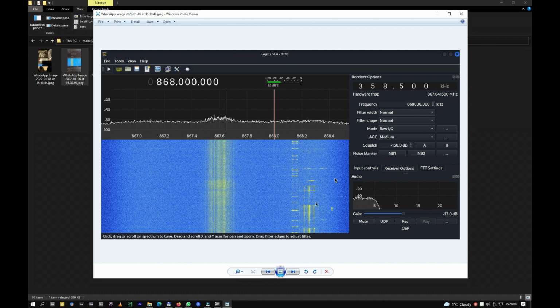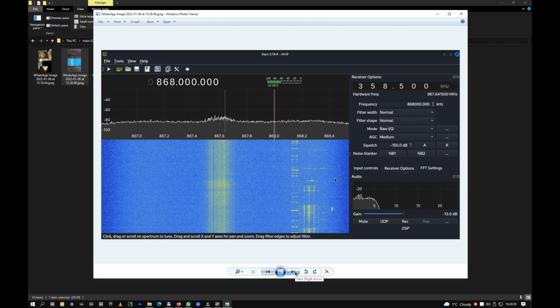It's in the same range of the spectrum, and that's LoRa too. Maybe it's from a long range sensor, something. Anyway, this one bothers me. It's so close to the signal.